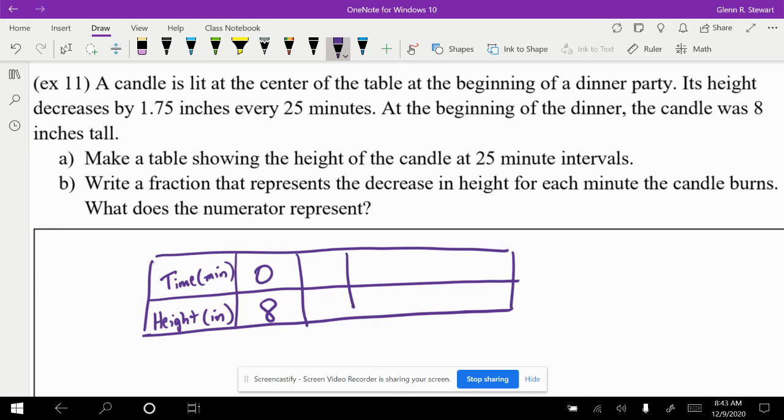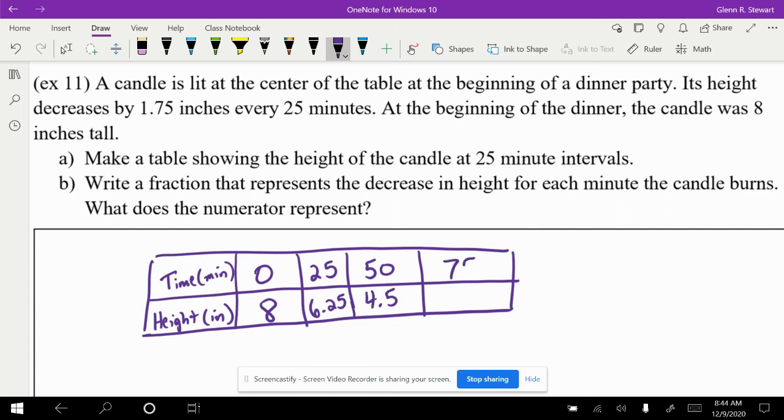Every 25 minutes, it decreases by 1.75 inches. So in the next 25, 8 minus 1.75 is going to give me 6.25. At the end of 50 minutes, I'm going to subtract another 1.75, and I should get 4.5.